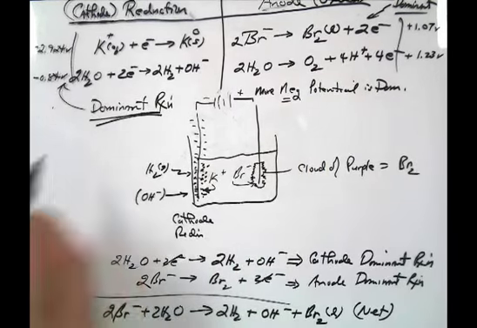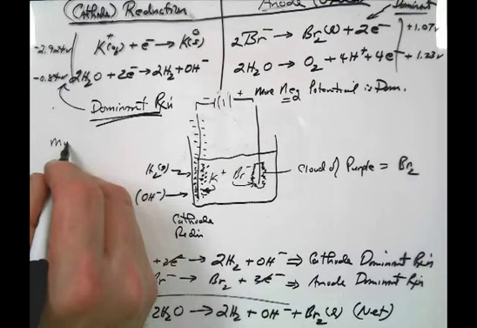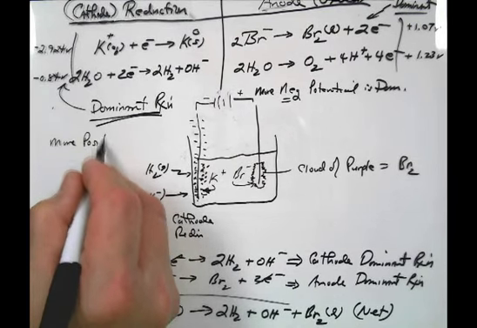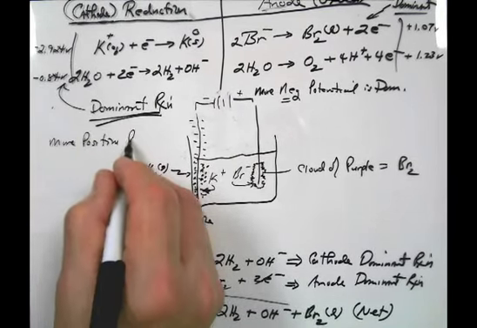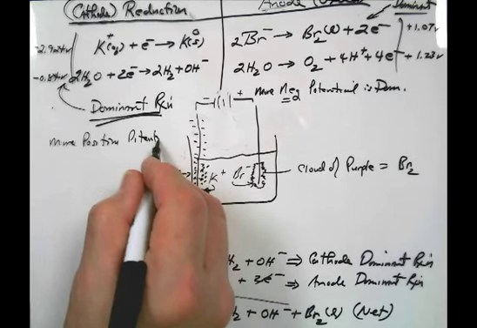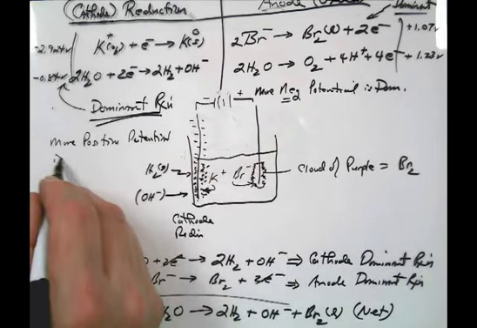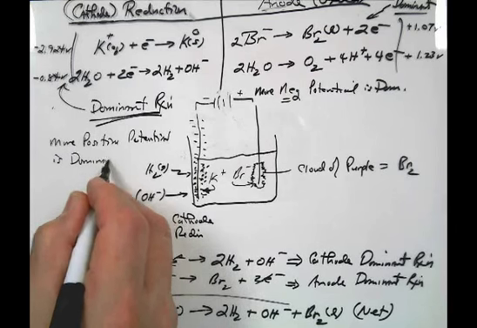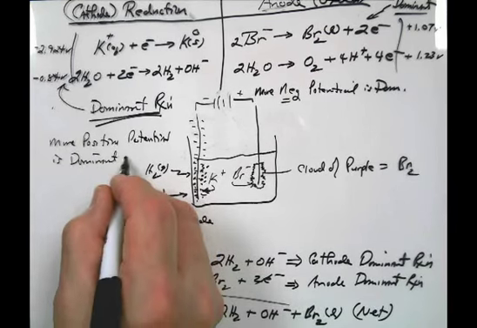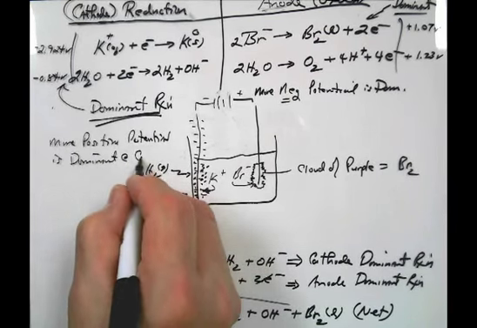Over here, you see the more positive potential is dominant at the cathode.